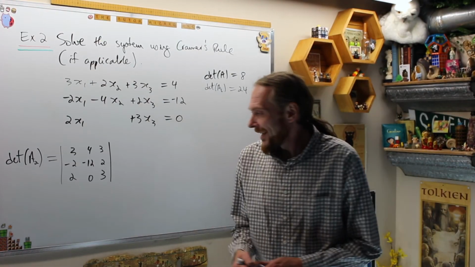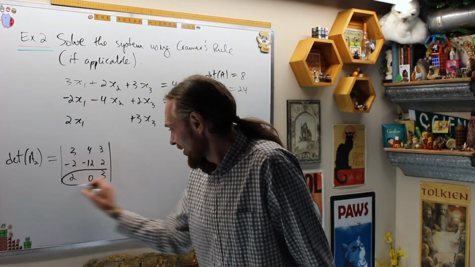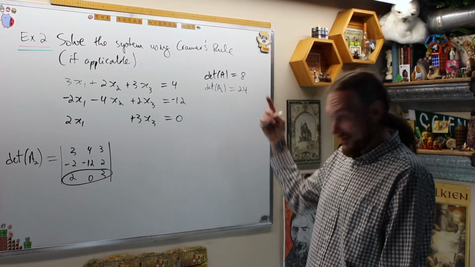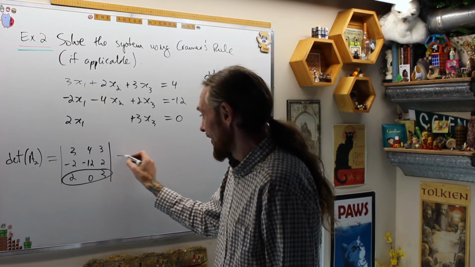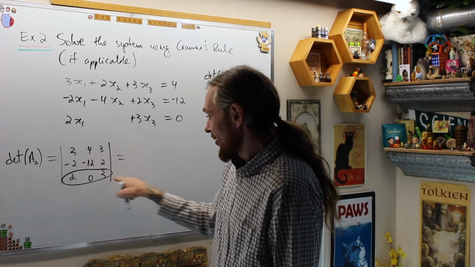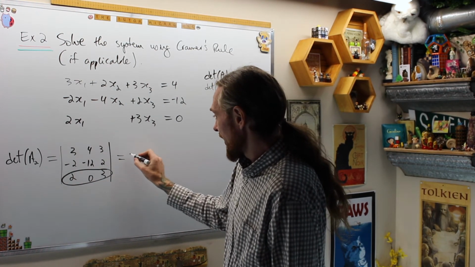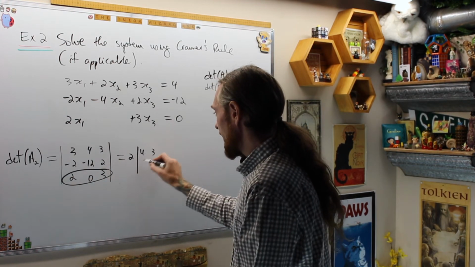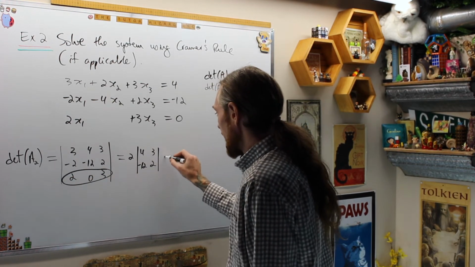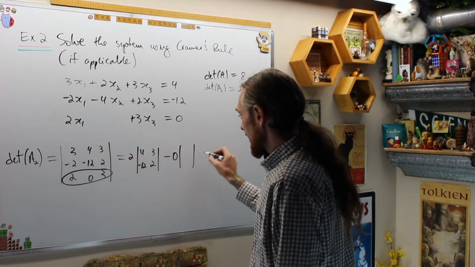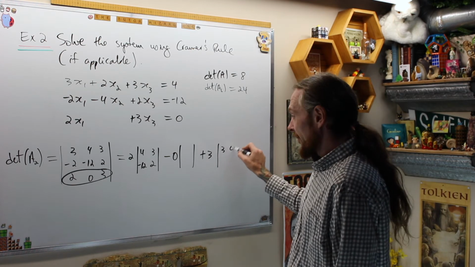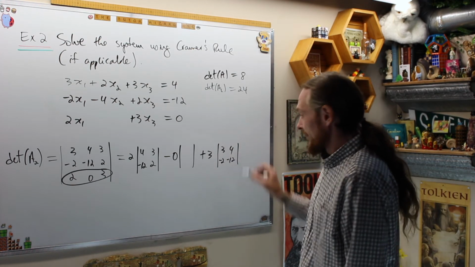All right, for the determinant of A2, this time, again, it looks like we're going to use the bottom row every time. I have 1, 0. Last time we had 2, and it was still a big number. Let's see what we get this time. Cofactor expanding along the bottom row is going to give me 2 times the 2 by 2 determinant 4, 3, -12, 2, minus 0 times I don't care, plus 3 times the 3, 4, -2, -12.